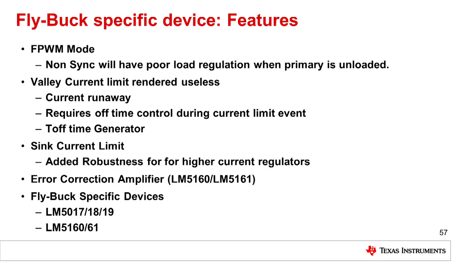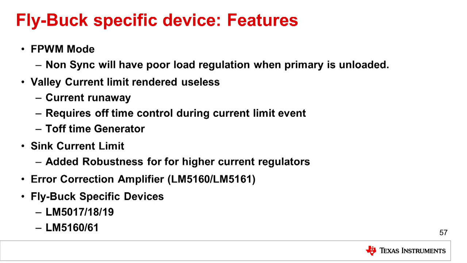So let's take a look at some of the specific features that would be required of a buck regulator in order to achieve good performance in a Flybuck application. First of all, you want to choose a synchronous type converter.